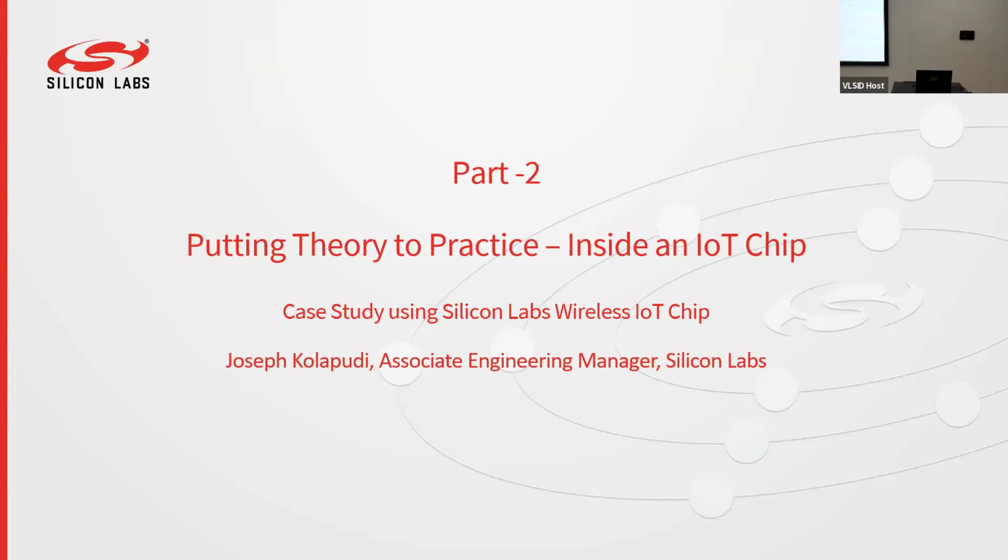Silicon Labs, you are an IoT chip maker, but in the whole ecosystem of IoT, how much power is consumed by the chip itself? His question was, in the whole IoT ecosystem, how much power is consumed at the chips compared to the rest? The highest power is consumed at the data centers, where tons of IoT data is stored and processed.